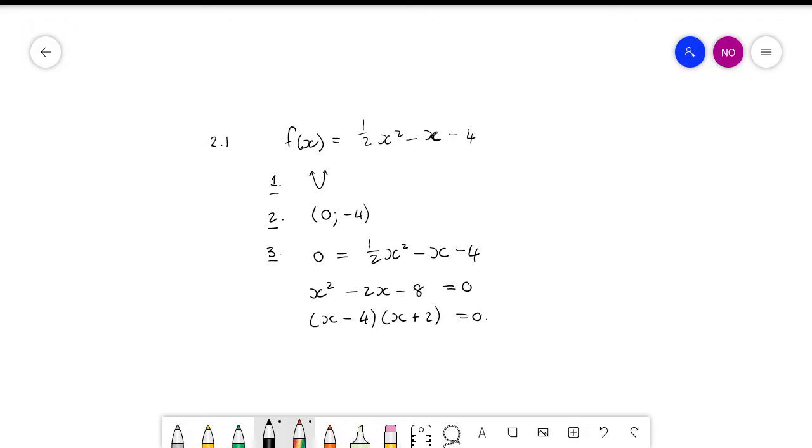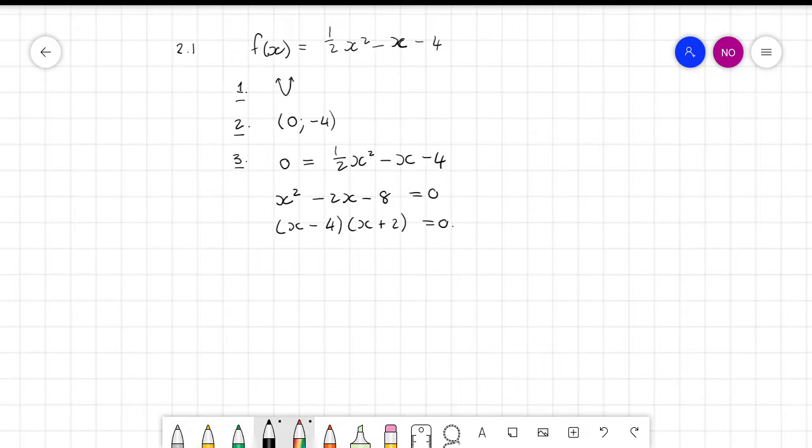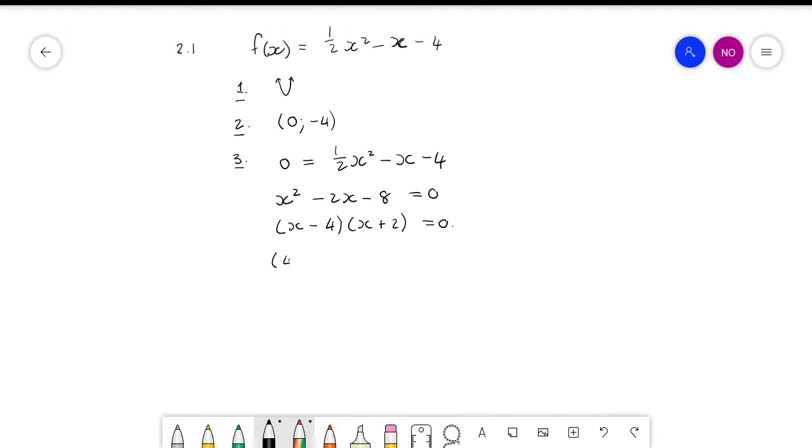And remember, grade 11, you may always use your formula. You are always allowed to use that x is equal to negative b plus or minus root of b squared, and so on. Okay. So the x-intercepts will be at 4 and 0 and at negative 2 and 0.